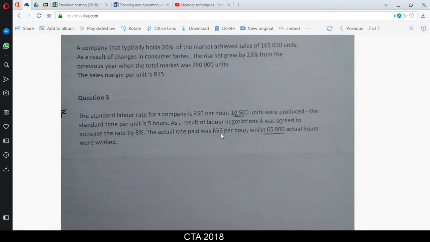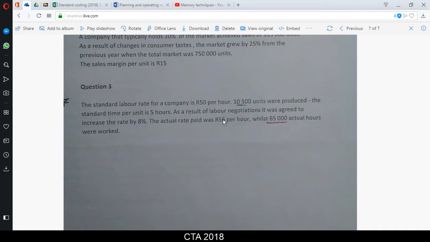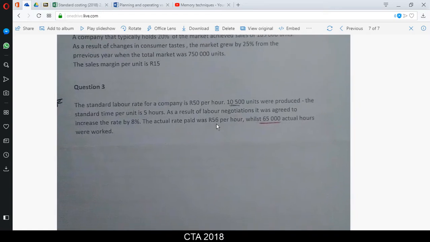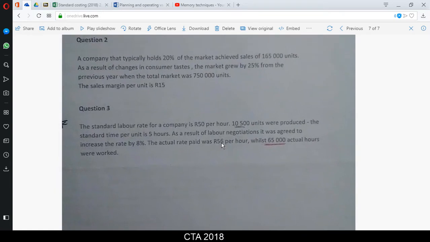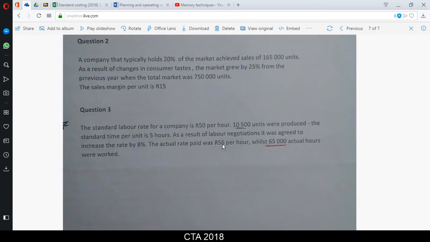Now, this question requires us to calculate all the variances. So whenever you're asked to calculate all the variances, you will have to calculate the planning and operating variances. You will need to be elaborate when calculating your variances. Normally what you would do with labor, you will use the standard and the actual.